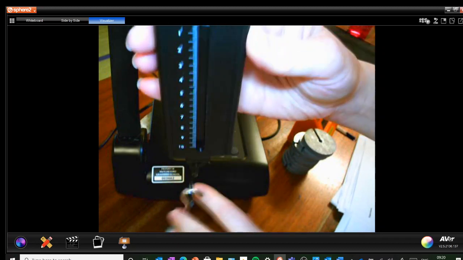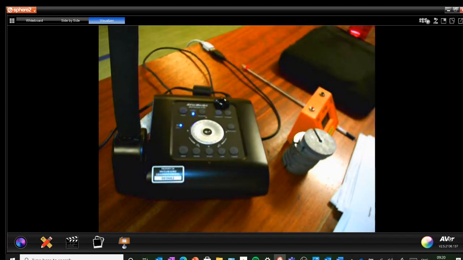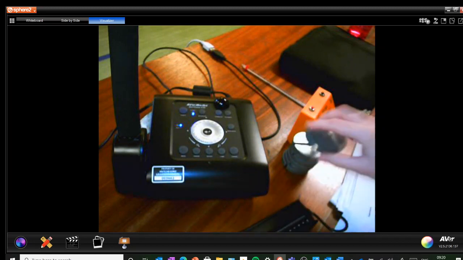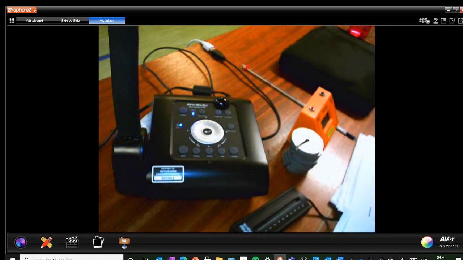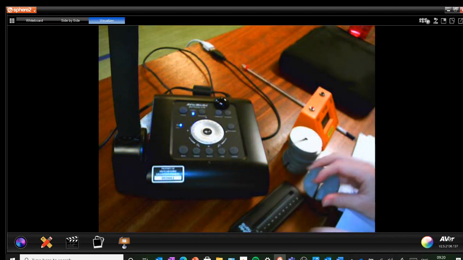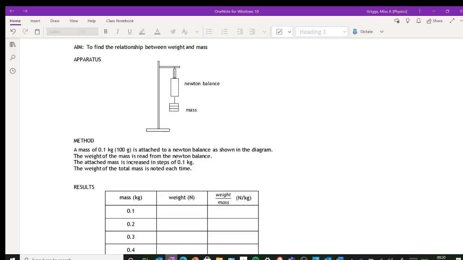So this is around about 1 Newton. If you add another one on, and you can't really see it very well, it's just below 3 Newtons. So it will go 1, 2, 3, 4, 5. Well, it's slightly below, but we'll just write it down as 1, 2, 3, 4, 5 for the time being.